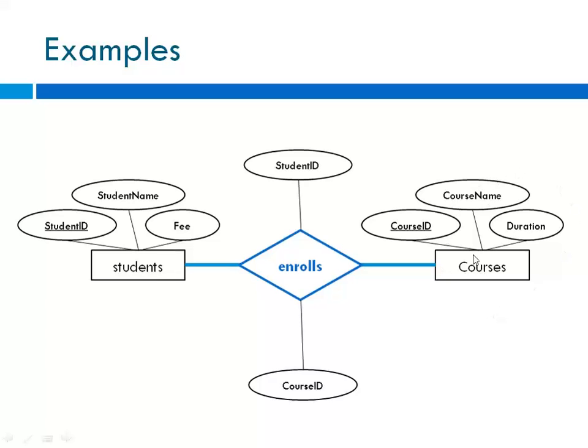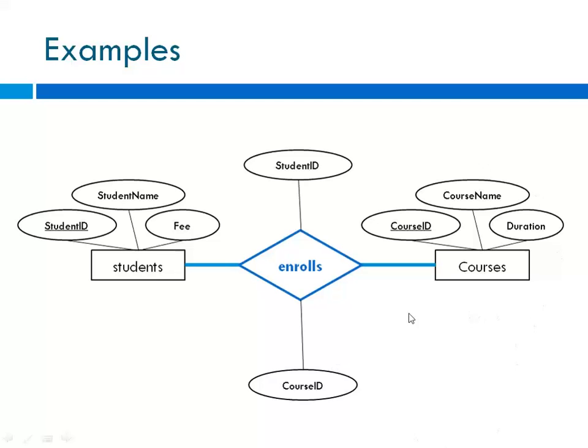For defining which student is related to which course, that is part of the relationship. So the relationship name is enrolls, and this relationship set has attributes student ID and course ID. If you want to know which student is enrolled for which courses, you can get the information from the relationship and courses.